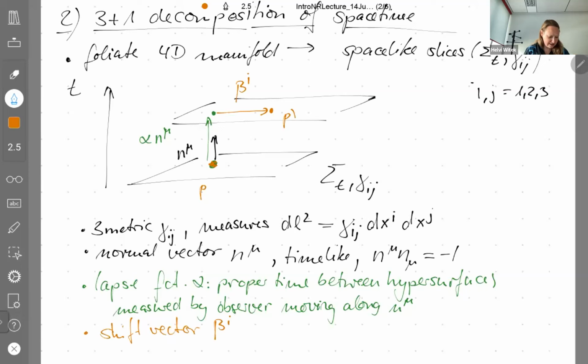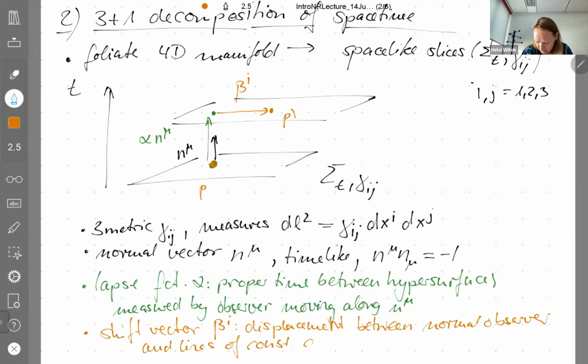And as I said, it indicates a displacement between the normal observer and an observer moving along lines of constant spatial coordinates. Okay. Good.